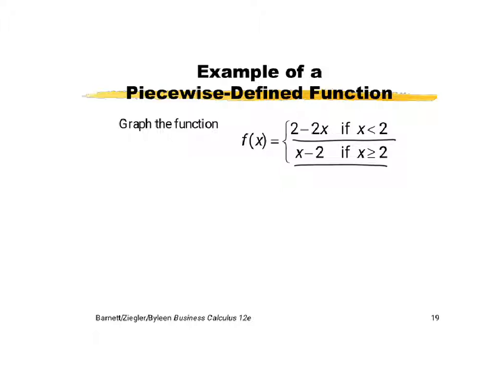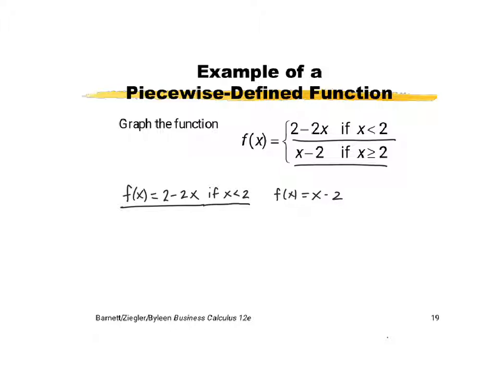So one way you can think of it is if I have a piecewise function and it's defined by two different functions here, I can say for the first part, f of x is equal to 2 minus 2x, and then also f of x is equal to x minus 2. But it's only equal to 2 minus 2x if x is less than 2.